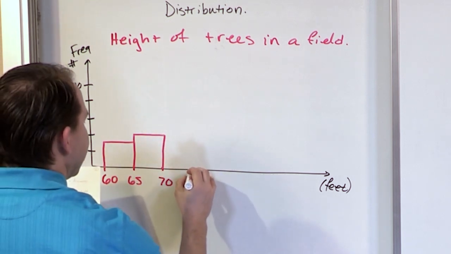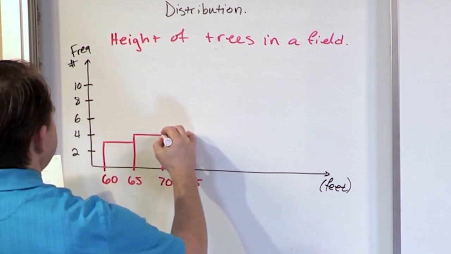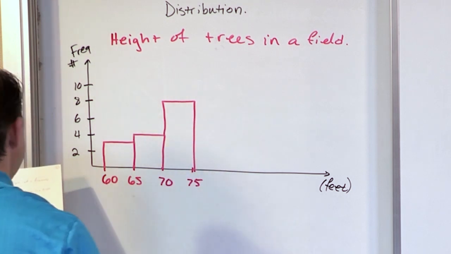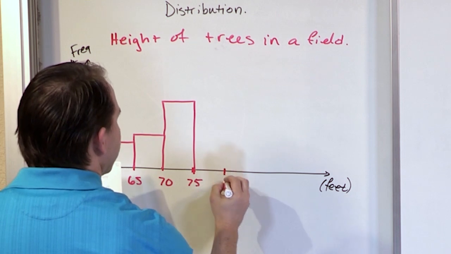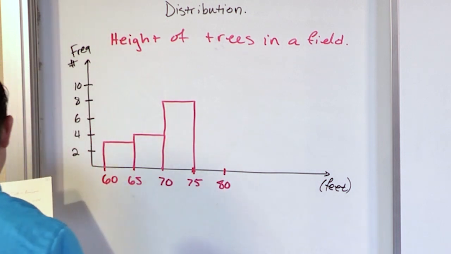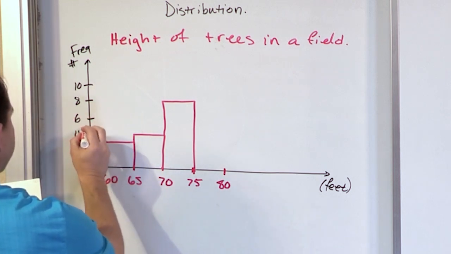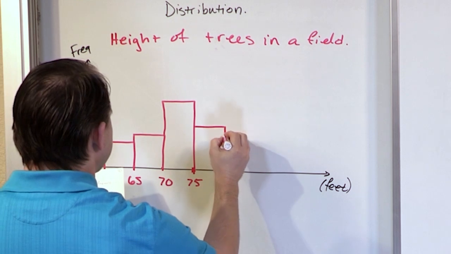Between 70 and 75, I had, let's say, 8 trees, straight up to 8, straight over, straight down, and this is supposed to be right at 75. And then going on from 75 to 80, let's say I had 5. So between 4 and 6 is 5, so this is about 5 right here.